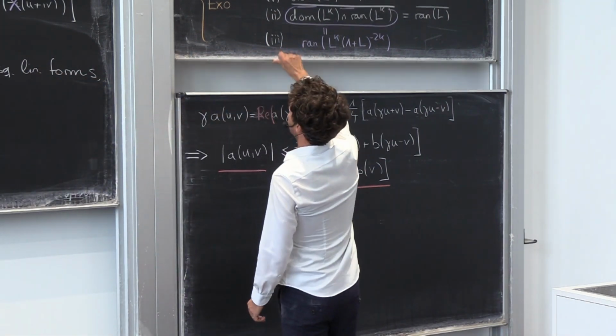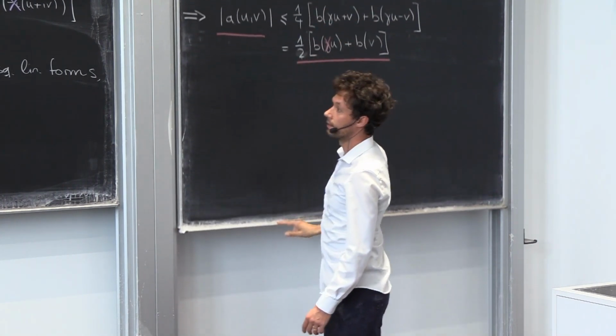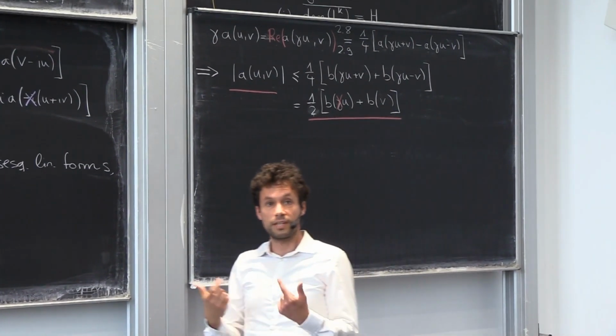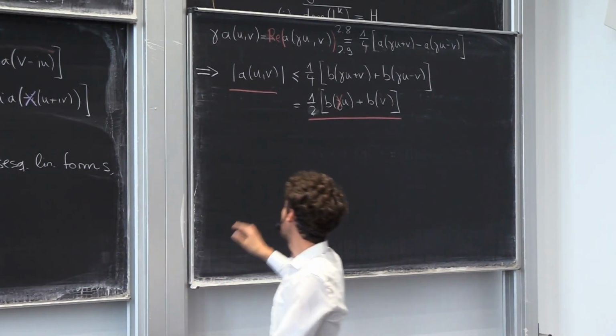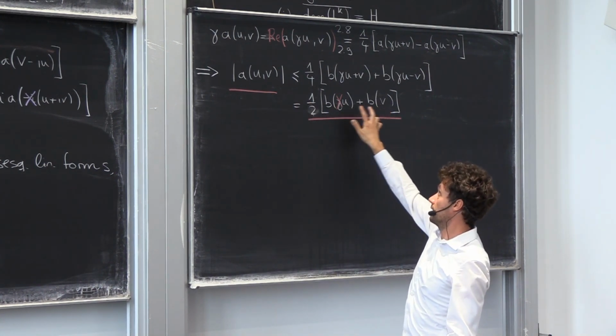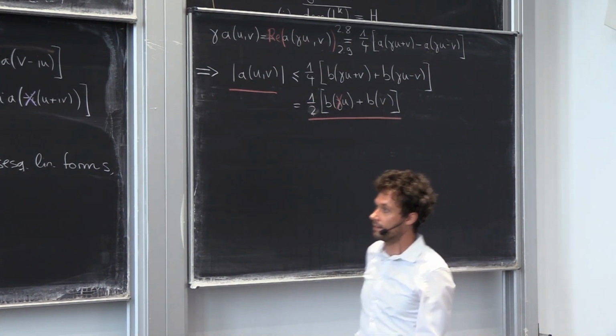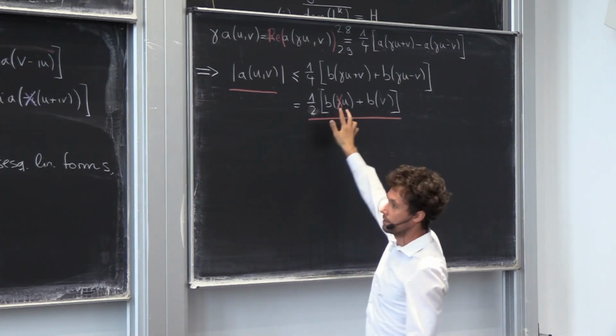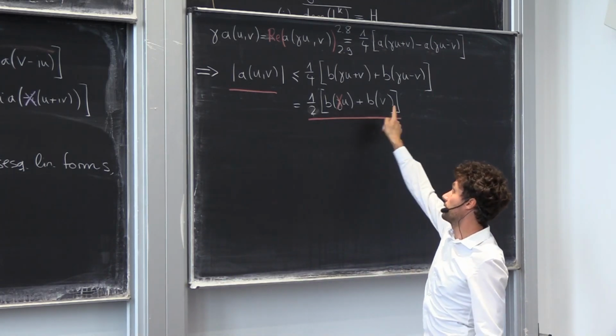And so what remains to be done is to use a trick to transform this additive inequality. Additive, I mean, because on the right hand side, the things I want do not show up as a product, they show up as a sum.